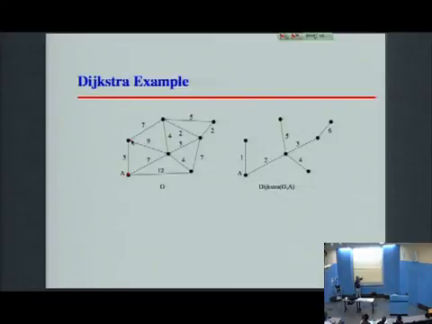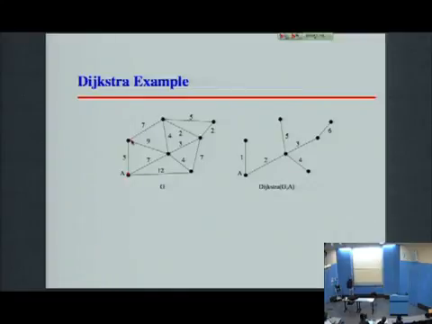The shortest path to get to this vertex is that way. The shortest path to get to this vertex is that way. Does everybody see this? This is a tree, okay, and it encodes the shortest way to get between here and every place else in the graph. Does everybody see that? Any questions about that?